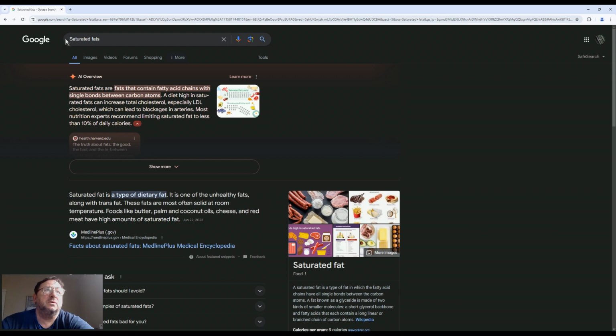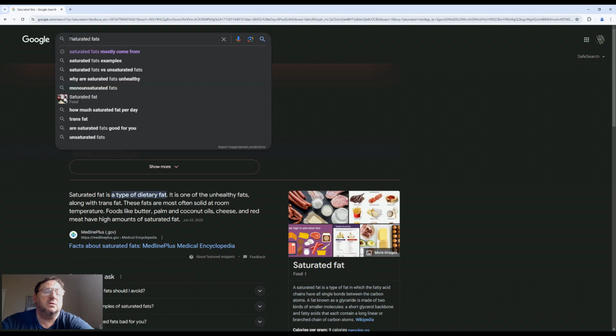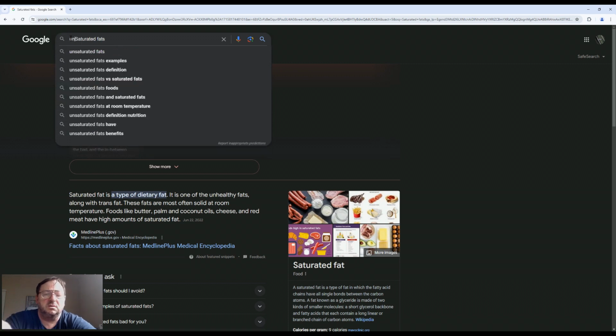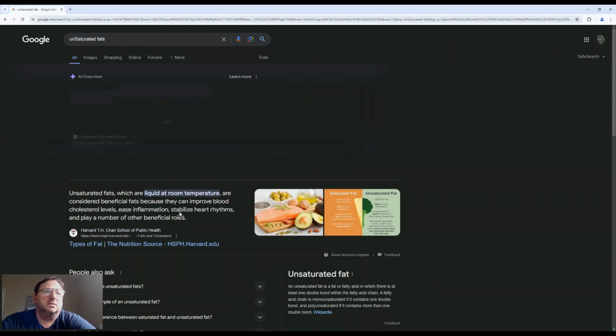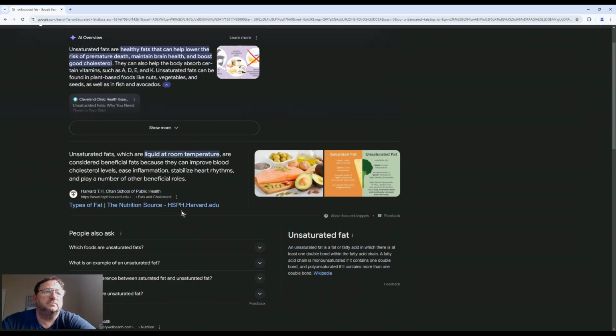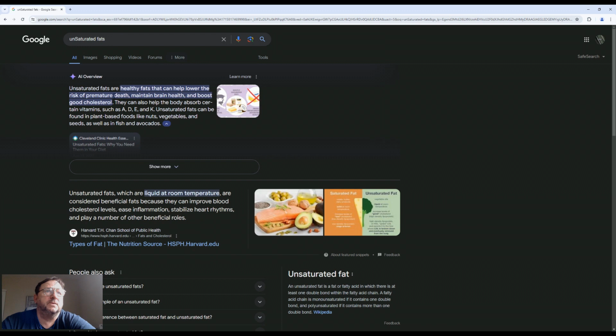Now there is another one, unsaturated. Healthy fats. So you would need to consider switching from using animal fat to this one, unsaturated, which is healthy.